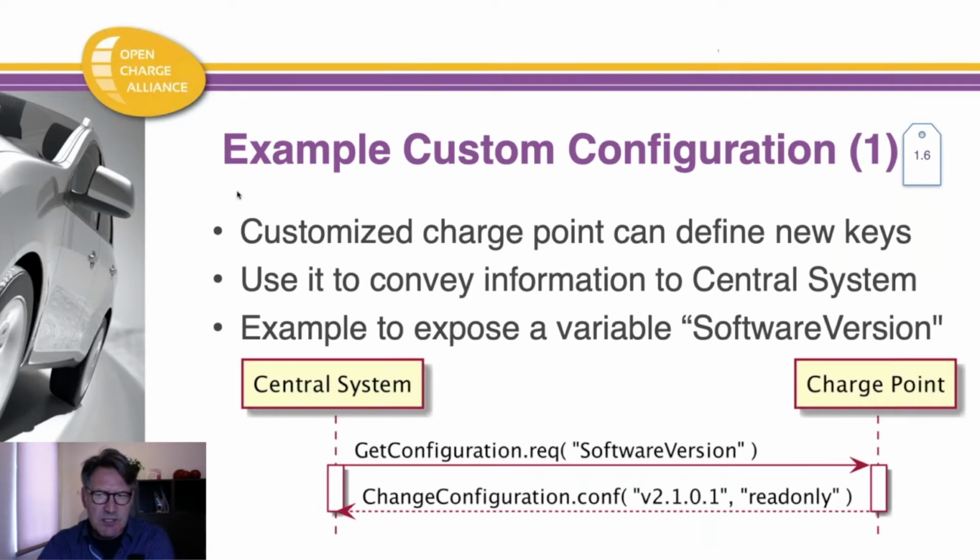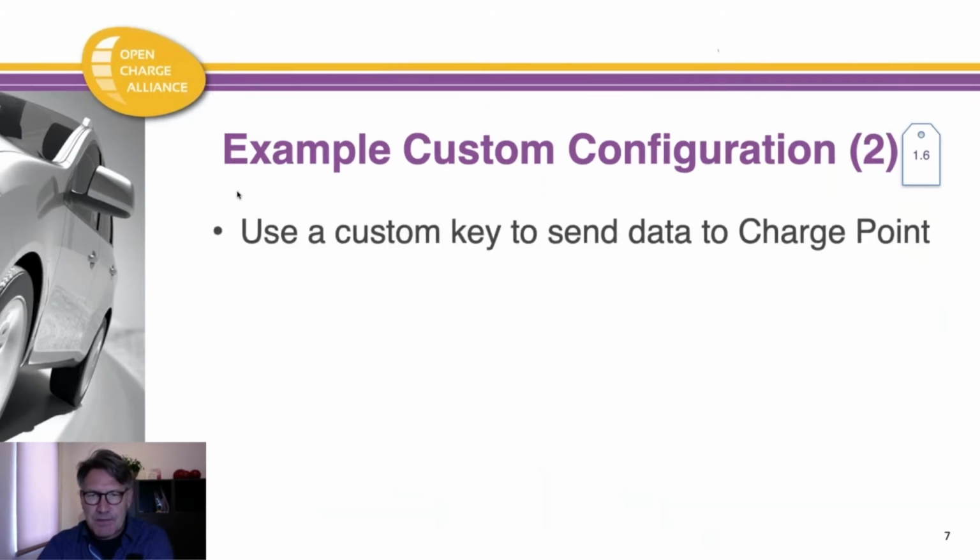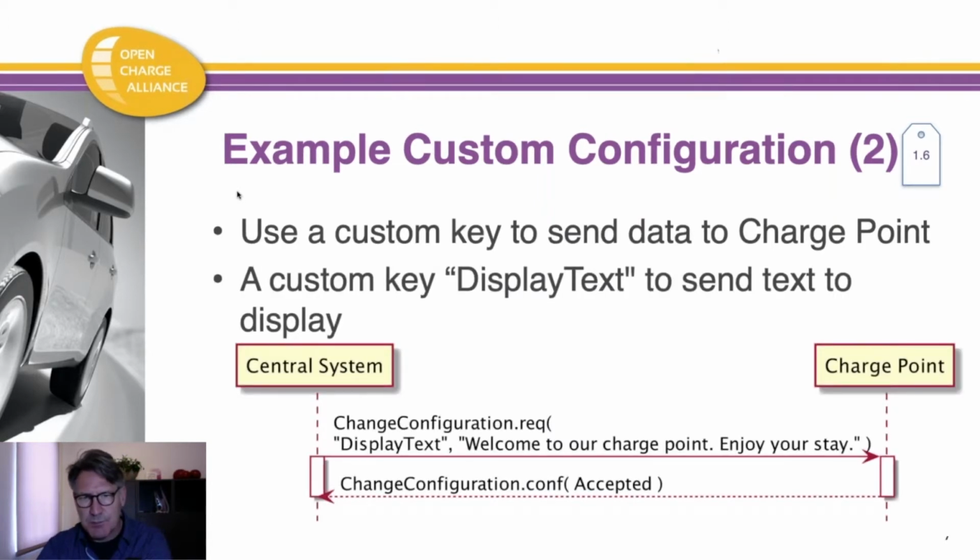Here's an example where the charge point conveys information to the central system, but you can also do it the other way around. So I can use a custom key to send data to the charge point. For example, those who know OCPP 2.1 know that 2.1 has a functionality to support the messages you want to show on your display. But in 1.6 we don't have it.